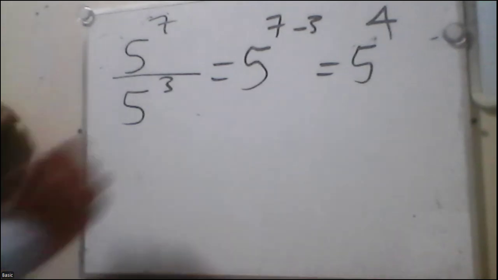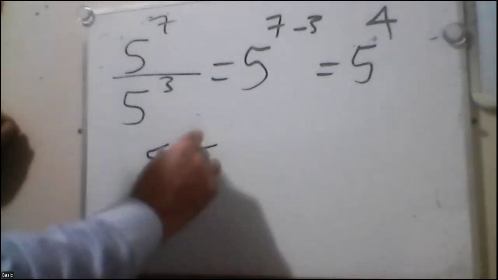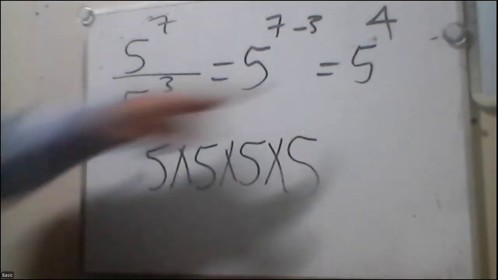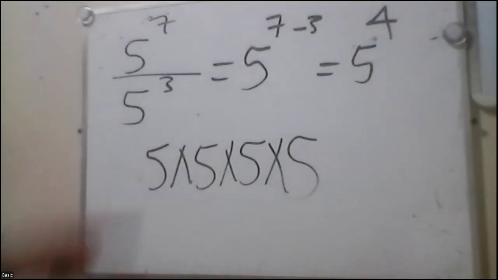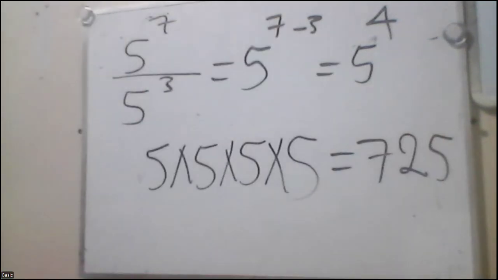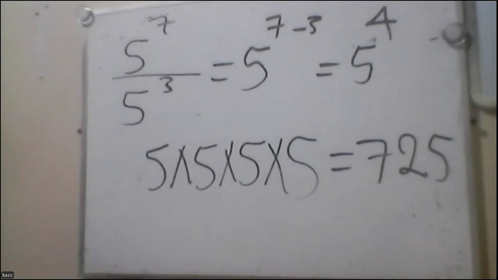So this means 5 multiplied by 5 multiplied by 5 multiplied by 5. This is the meaning of the power. So this is 125 by 5. That will give me 625. So this is the second rule or the second formula in the exponential.